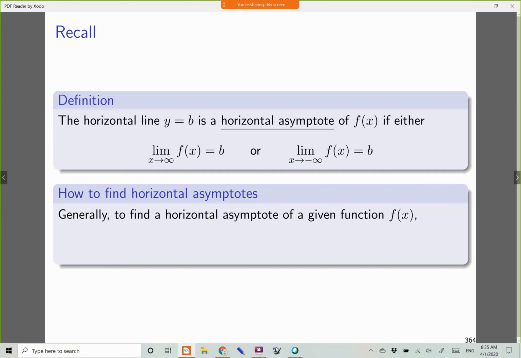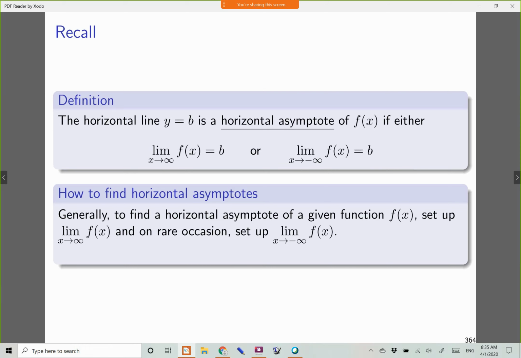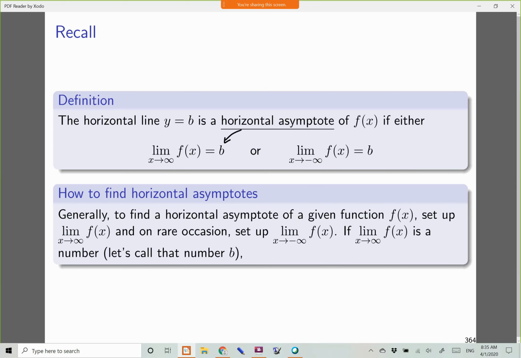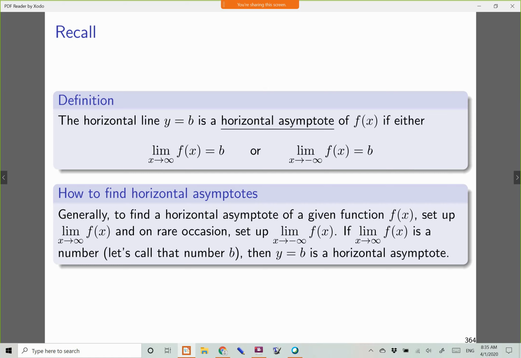It deals with the limit of your function as x approaches either plus infinity or minus infinity. To find a horizontal asymptote, you just take your function and put a limit as x approaches infinity in front of it. If you get a number for that limit, and we'll call that number b, then y equals b is a horizontal asymptote.